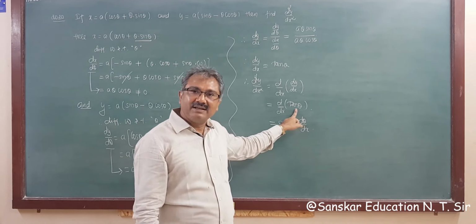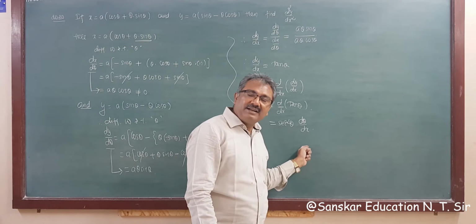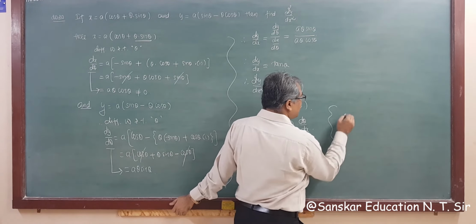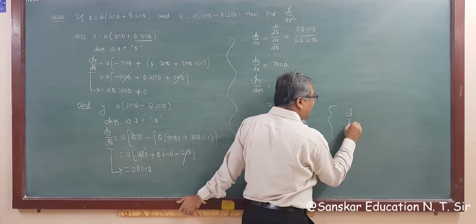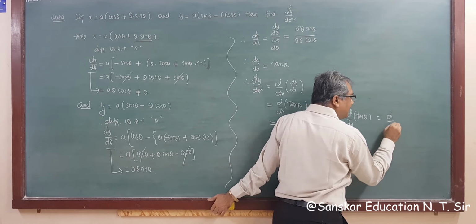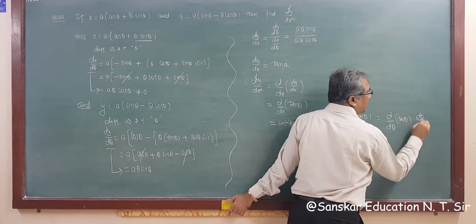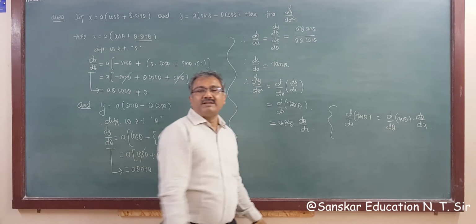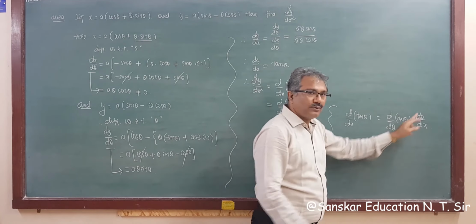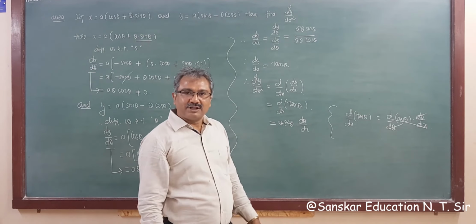If this is y, but now instead of y, here is theta, so we are multiplying by d theta by dx. Just like this, this is d by dx of tan theta, that is we are writing d by d theta of tan theta into d theta by dx. So applying this chain rule, then this is d by dx, that you know, right?